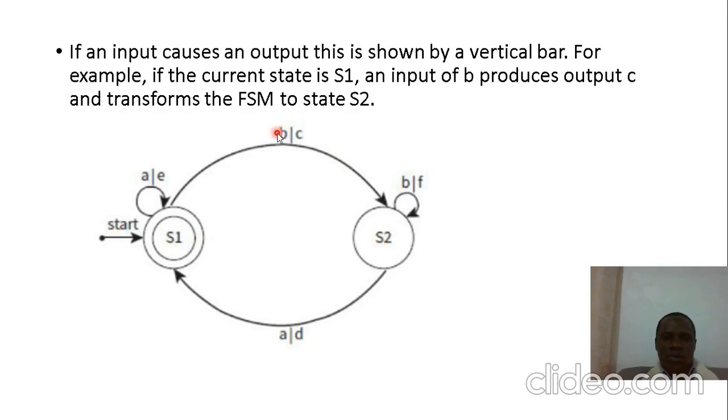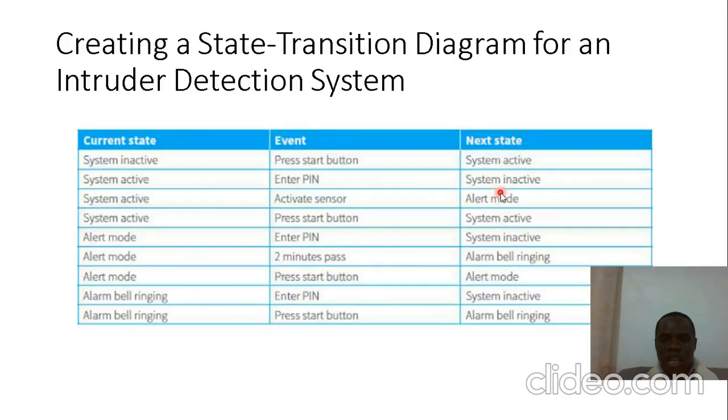If the input is B on state 1, then the output will be C in state 2. Even within state 2, B is the input, and the state is still state 2, but the output is F. So B was the input in state 2; it will still be in state 2, but the output will be F.